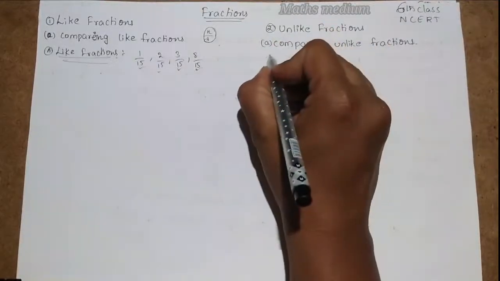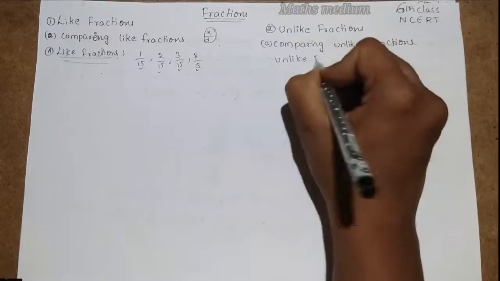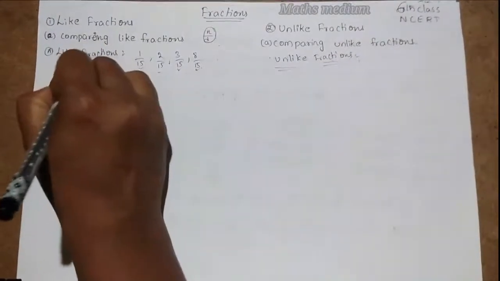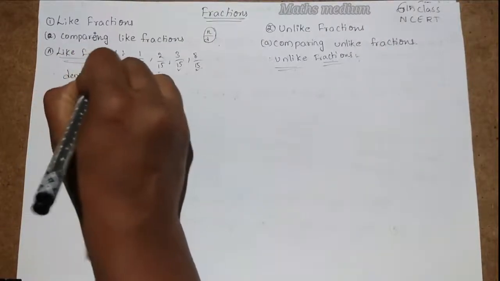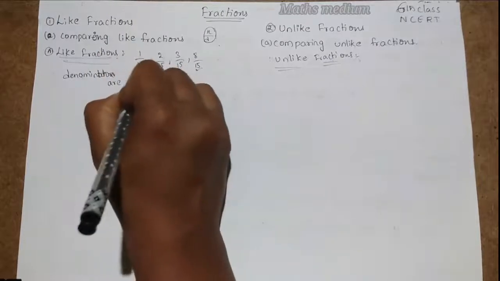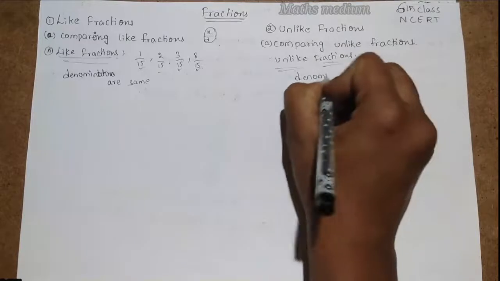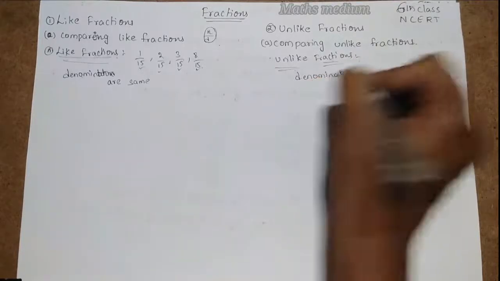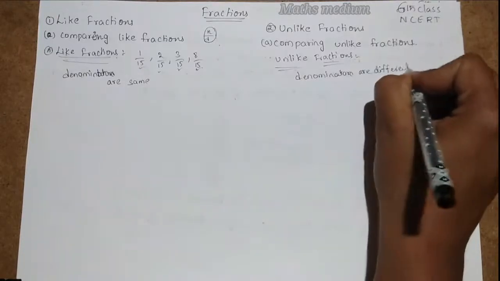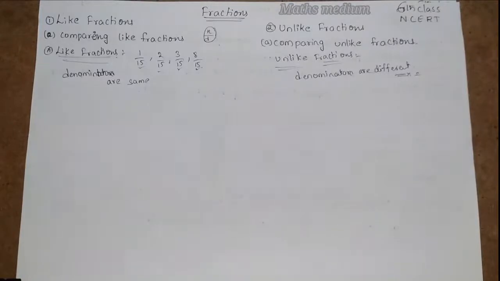Coming to unlike fractions, the denominators are not the same. In like fractions the denominators are the same; in unlike fractions the denominators are different. So this is a single line definition of like fractions and unlike fractions.